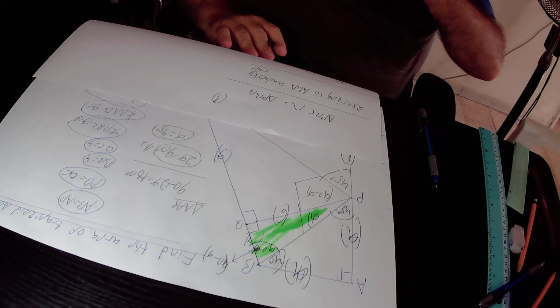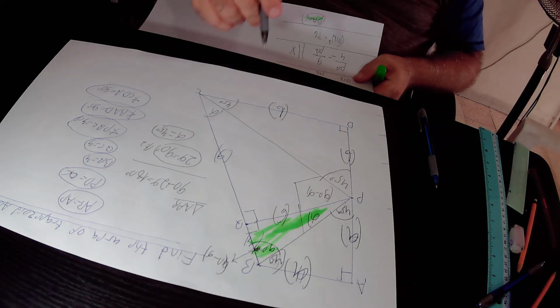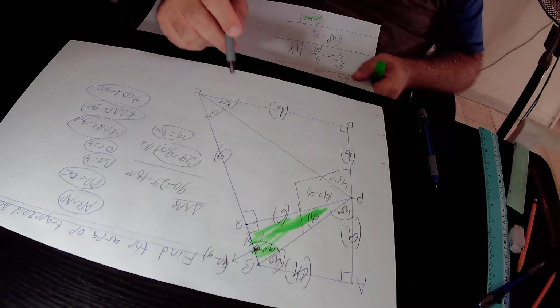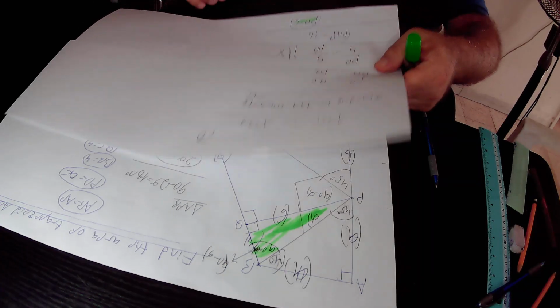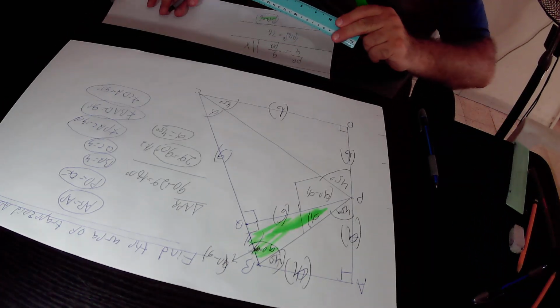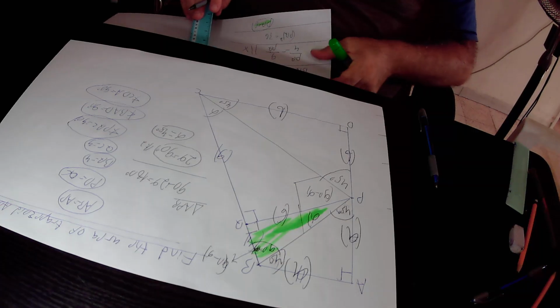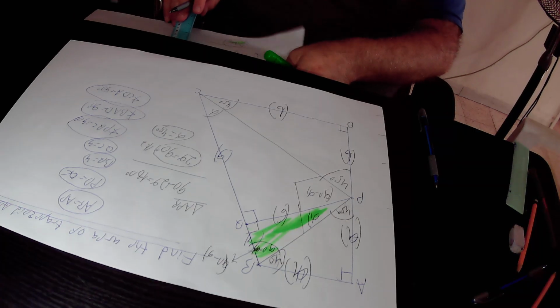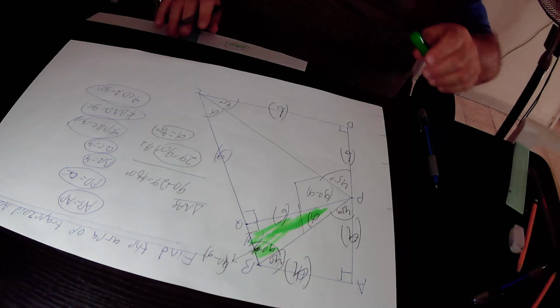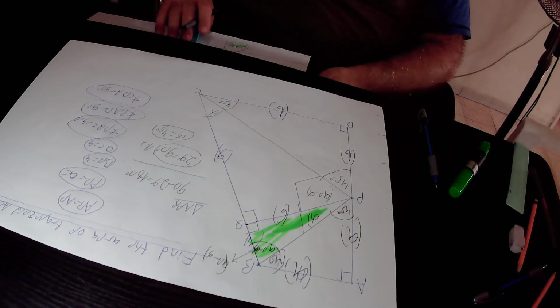In the next step, we'll apply the Pythagoras theorem to the big right triangle BPC. According to the Pythagoras theorem, in any right triangle, the square of the hypotenuse equals the sum of the squares of the perpendiculars.